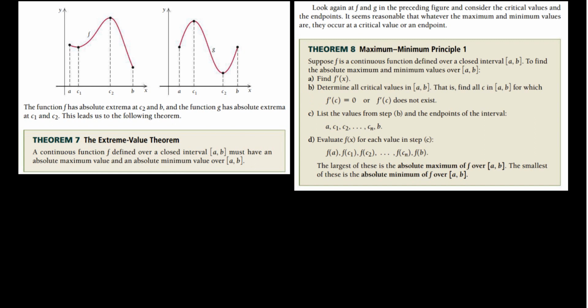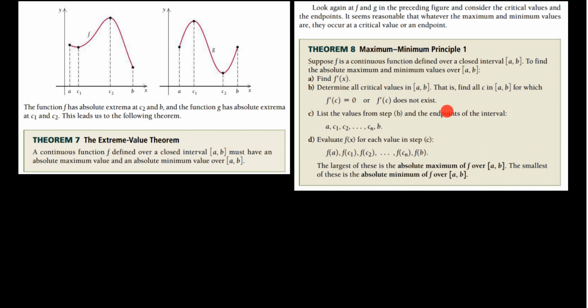So if we're trying to find the absolute maximum and absolute minimum values over some interval [a, b] of a function, A: we're going to first find the first derivative. That's pretty easy. B: we're going to determine the critical values. The way we determine the critical values is we take that first derivative, we equate it to 0, and then boom, we have our critical values. C: we're going to list our critical values as well as the endpoints, because this is a closed interval.